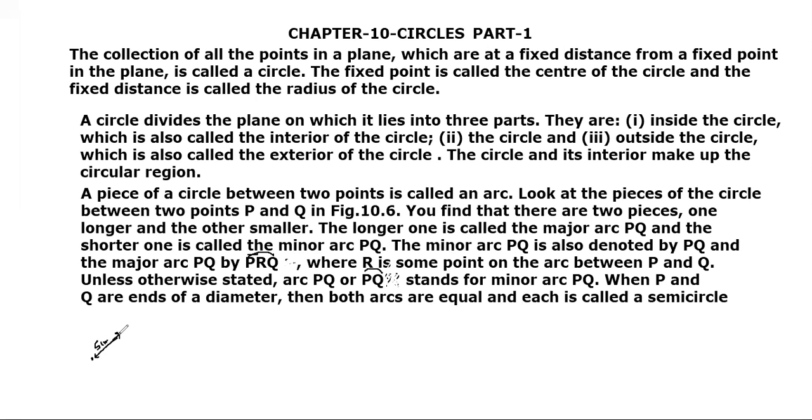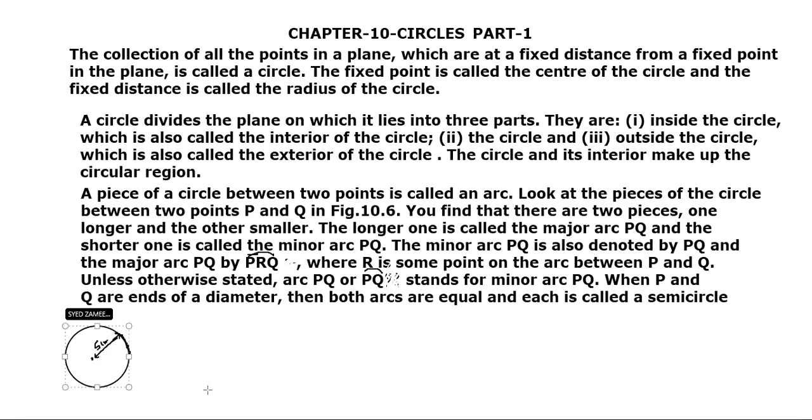Then you mark other points which are at a distance of 5 centimeters, another point and another point like this. If you take all the points which are at a distance of 5 centimeters, you will get a circle. Correct? So this is the definition.